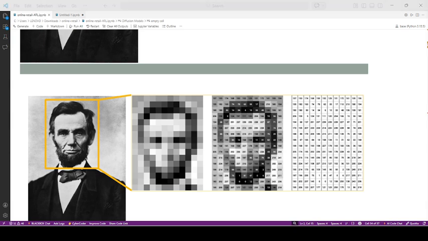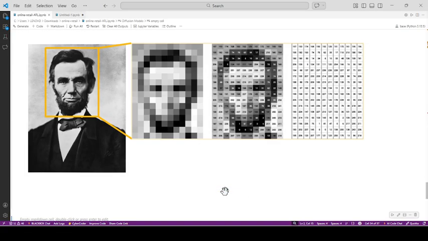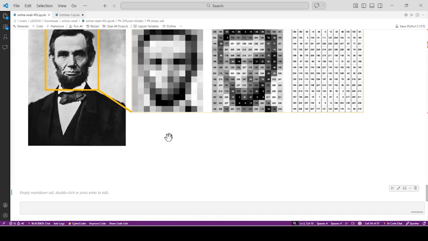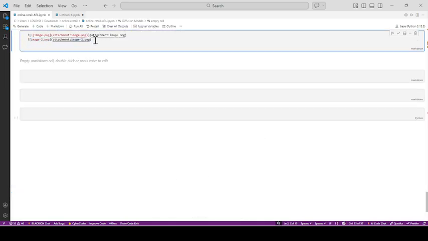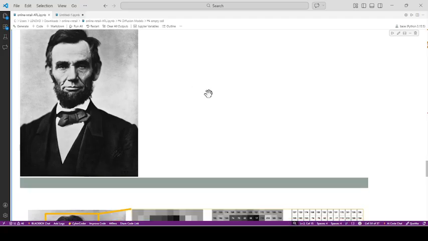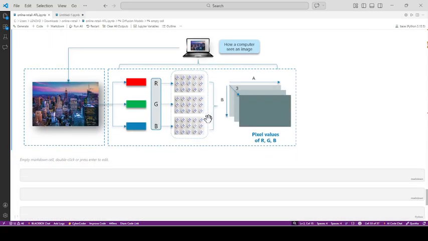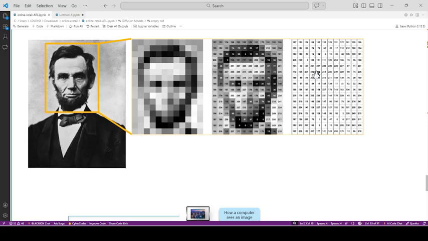So for the colored images we used to have a combination of image layers. So this kind of matrix comes, and in combination you get matrices like this. For black and white or grayscale image you have a single matrix.